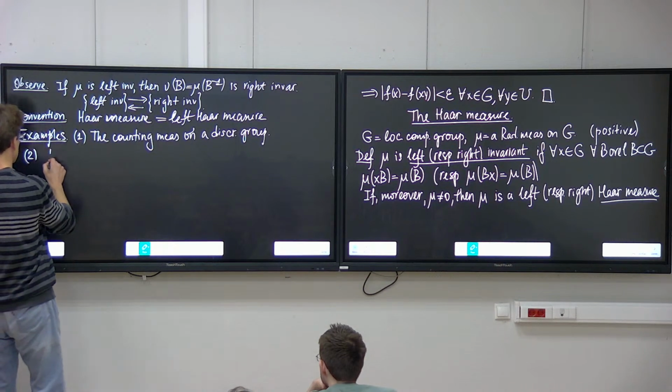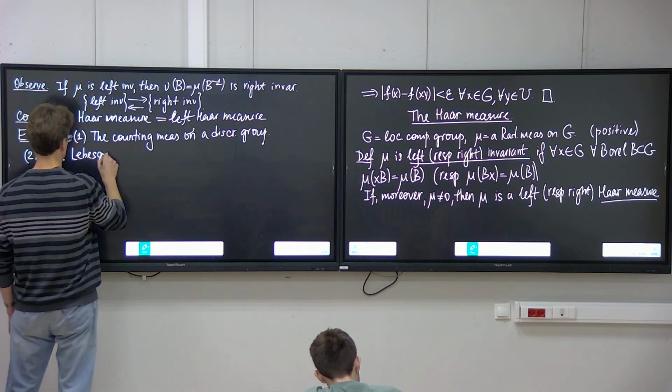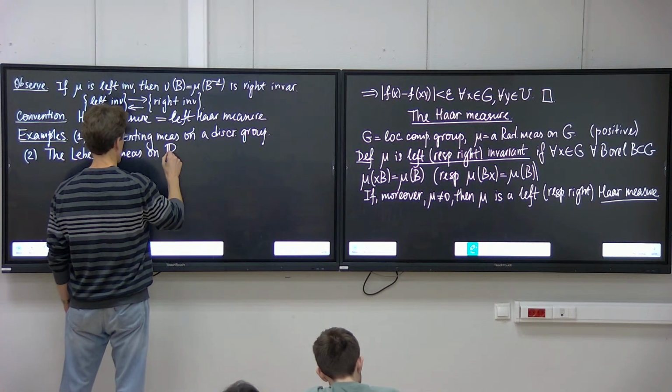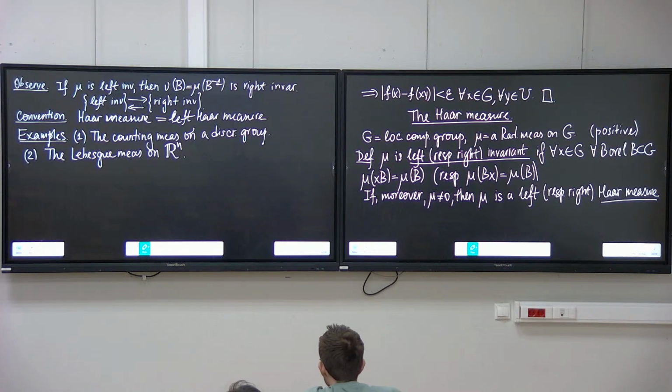Example 2, of course, the usual Lebesgue measure on the real line, or more generally on R^n, is left and right invariant, so it is the Haar measure.